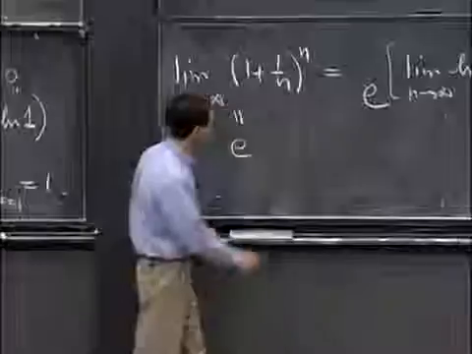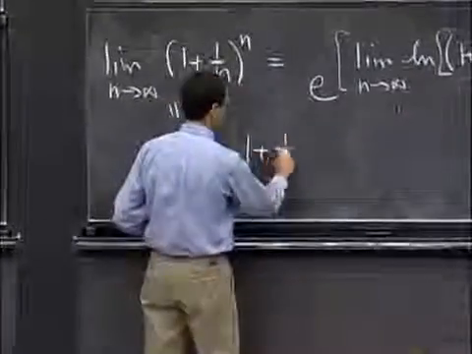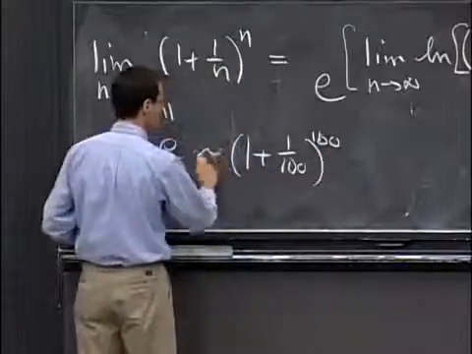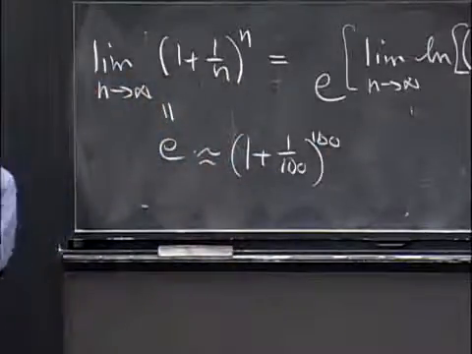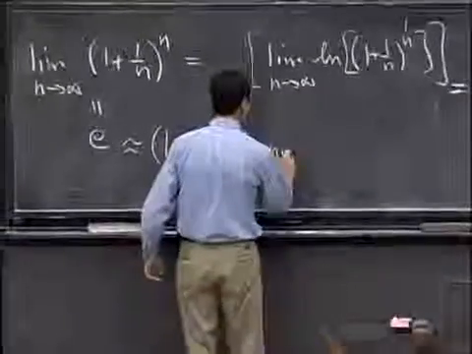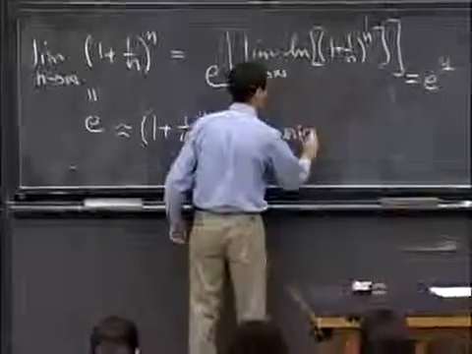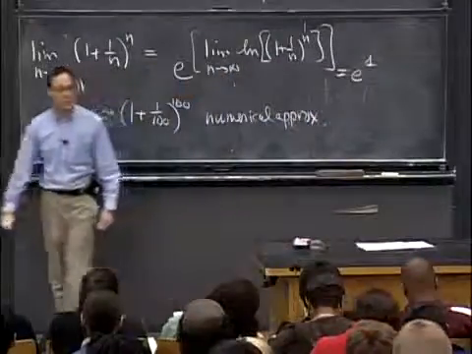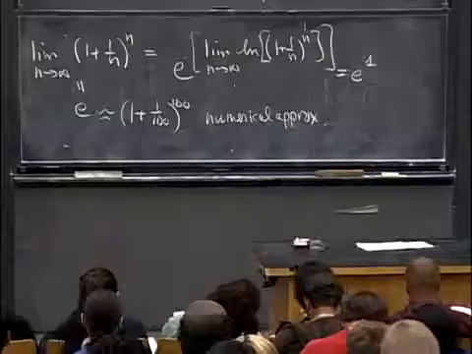And this is telling us, if you take, for example, (1 + 1/100)^100, that's going to be a very good, perfectly decent, anyway, approximation to e. So this is a numerical approximation, which is all we can ever do with this kind of irrational number.